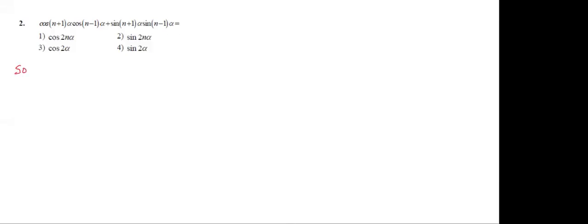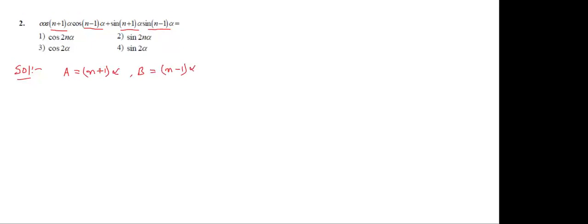Now, second question. Observe that here we have cos of n plus 1 alpha, cos of n minus 1 alpha, sin of n plus 1 alpha, sin of n minus 1 alpha. Here you have to think angle A is n plus 1 into alpha and angle B is n minus 1 into alpha.